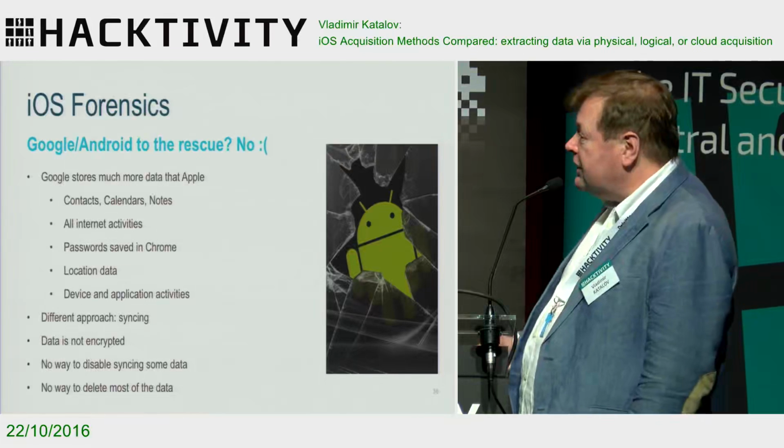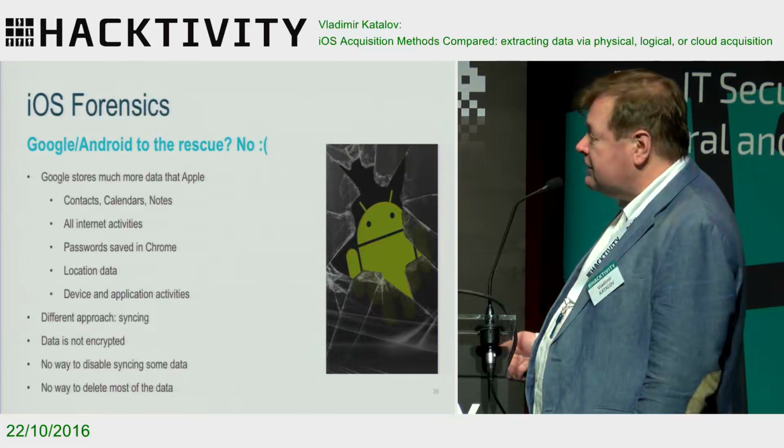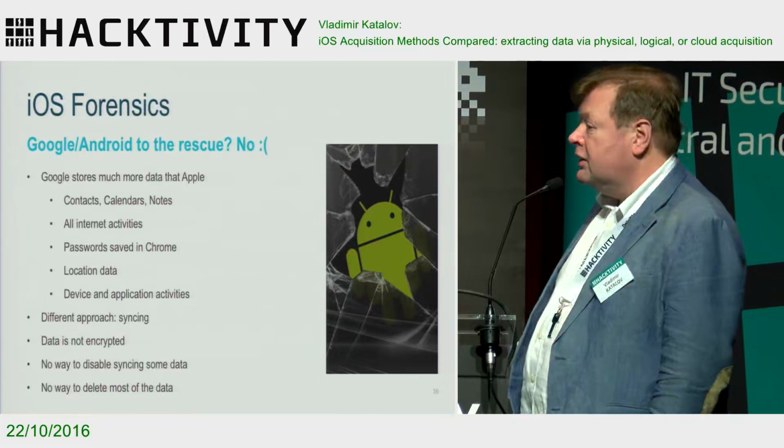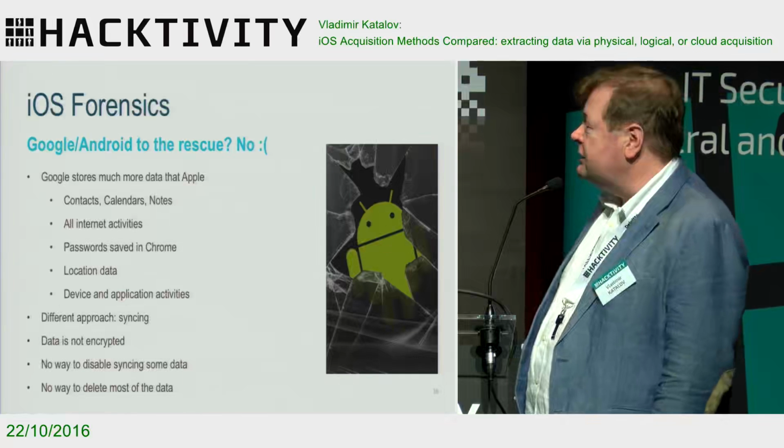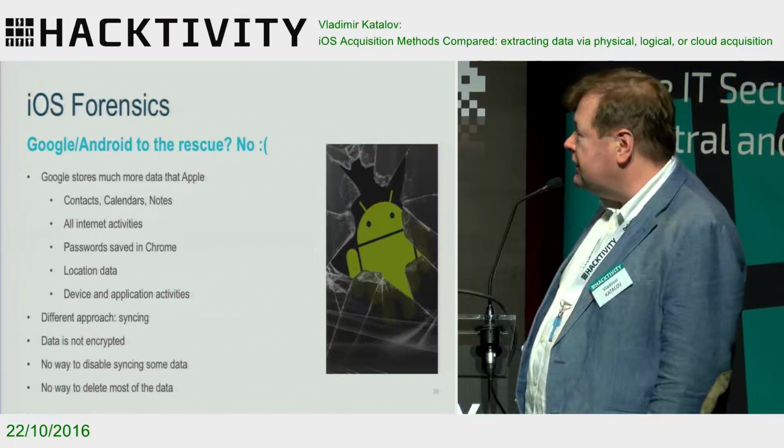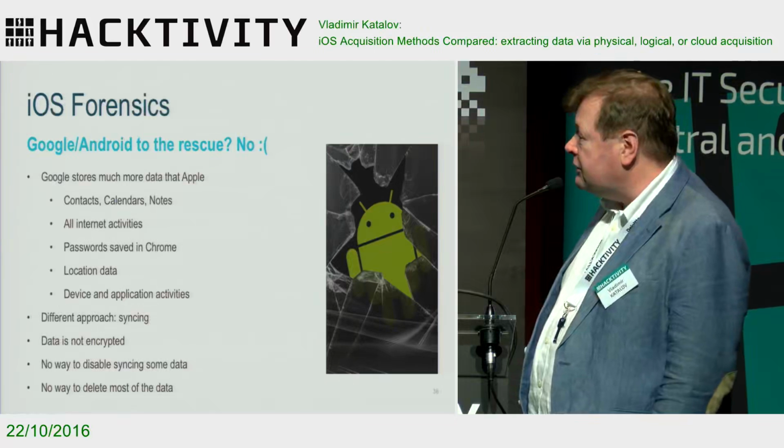And what you cannot disable, for example, is all the device and application activities, including the serial numbers of your devices, application names and versions, and the exact date and time when you accessed particular applications.